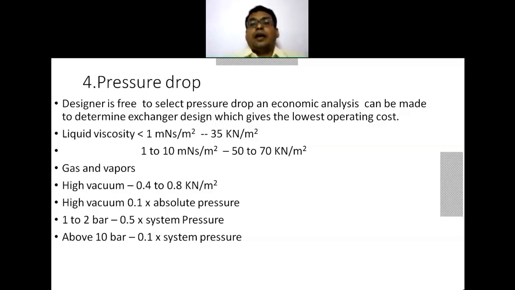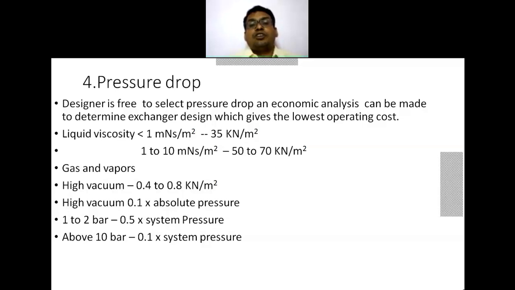Theoretically you can have any pressure drop, but practically and from economic aspects, there is a general range given by the scientists who have performed the pressure drop calculations for shell and tube heat exchangers.